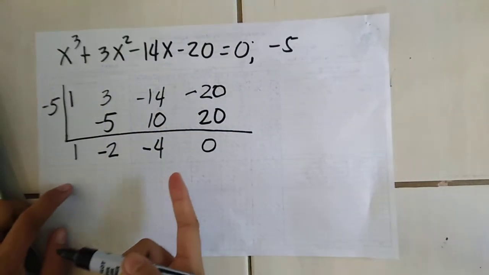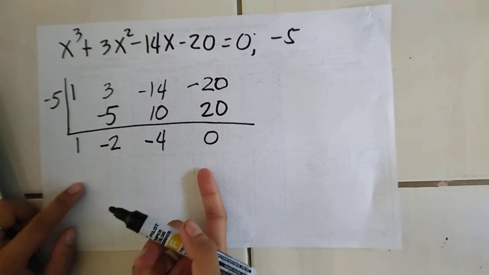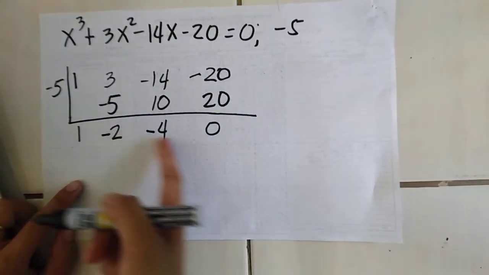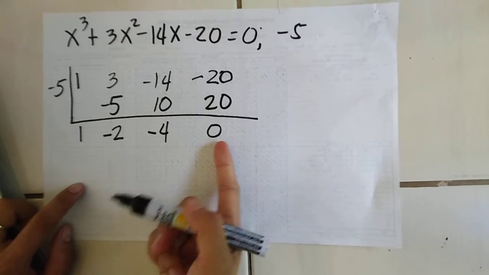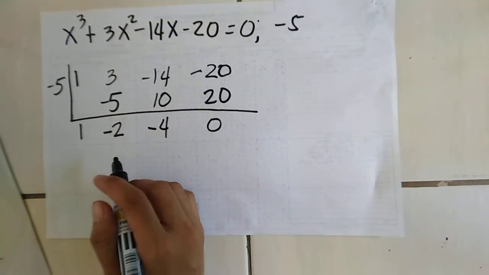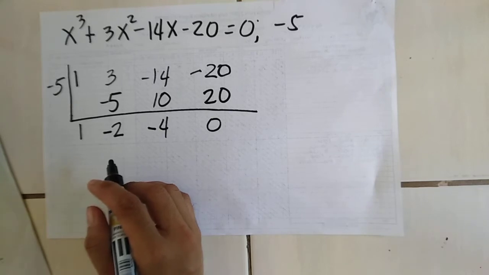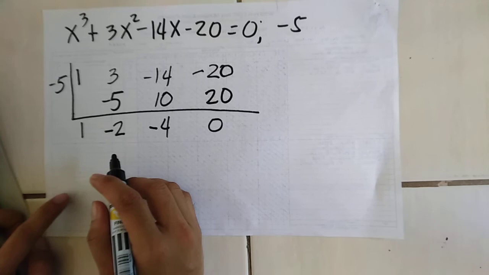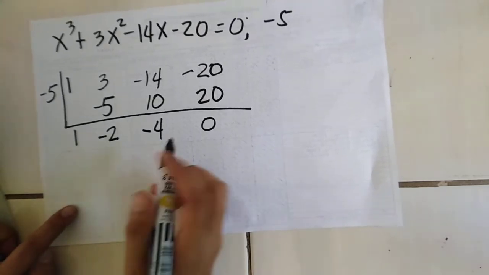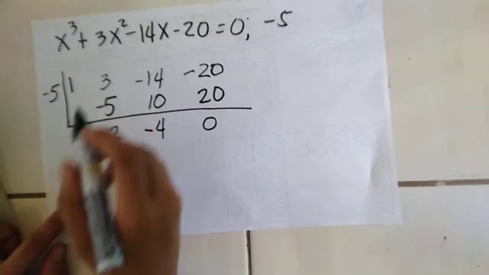Okay, so next, since negative 5 is a given root, of course the remainder is 0. Now we write the depressed polynomial. This is x cubed, so minus 1, it becomes x squared.